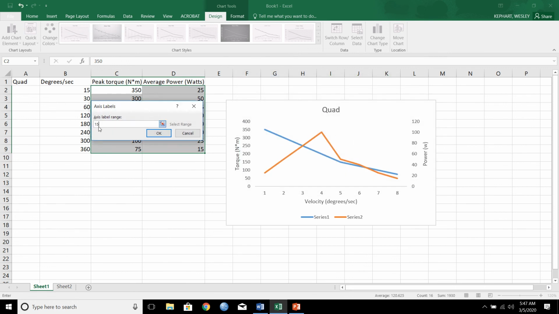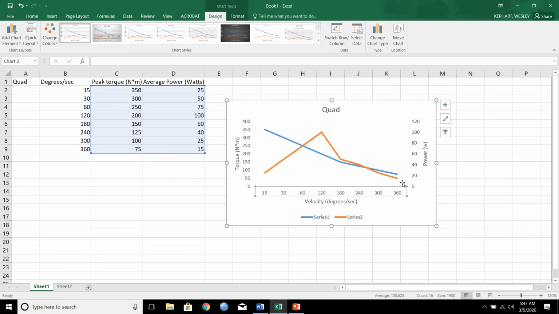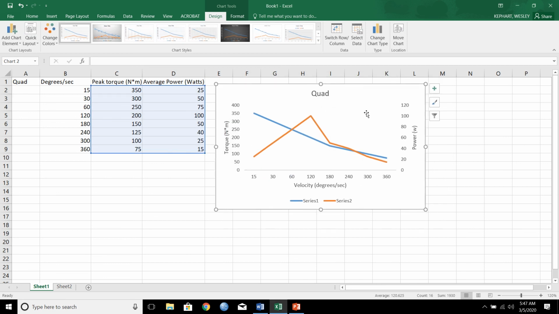What I want it to be 15, semicolon, space, 30, 60, 120, 180, 240, 300, then 360. Press OK. There we go. And that is how that looks. That's effectively what I'm going to want this graph to look like.